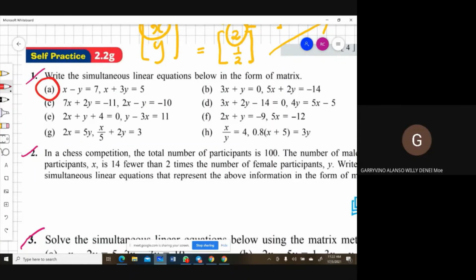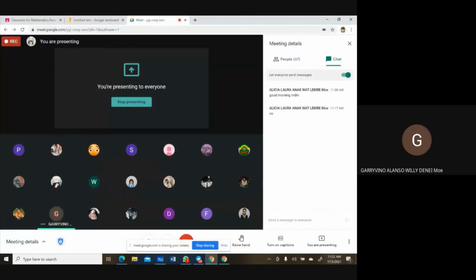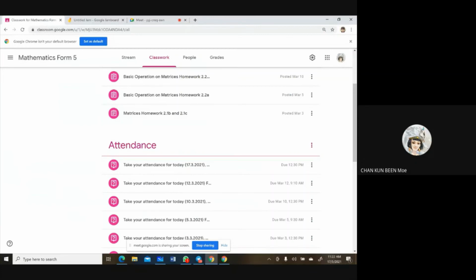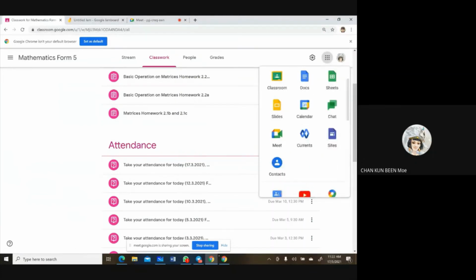Madam, how to create the Jamboard? Oh, you don't have it, is it? Okay, Aiman already shared a Jam file with the meeting. Later on, if you don't have that Jamboard, what you do is you go to this Google Apps over here. You scroll down.